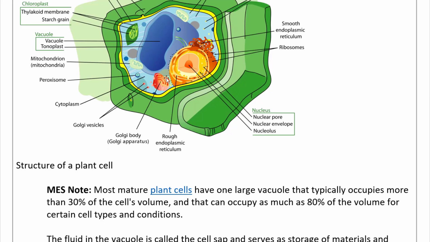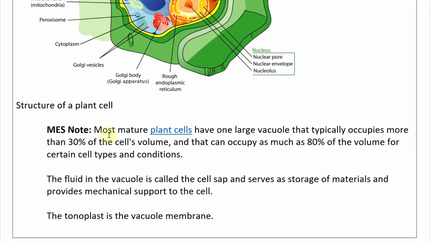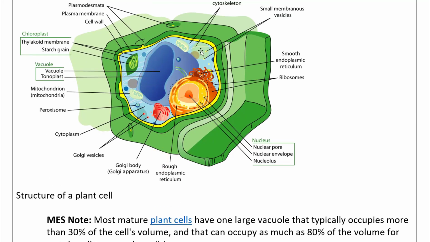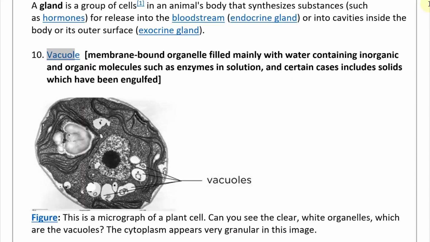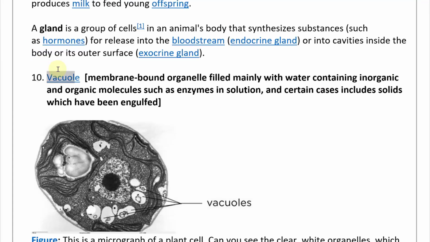Let's just continue further. So, note, most mature plant cells have one large vacuole that typically occupies more than 30% of the cell's volume, and that can occupy as much as 80% of the volume for certain cell types and conditions. So yes, a large vacuole like that. And here I quickly just teleported to number 10 of the animal cell one.